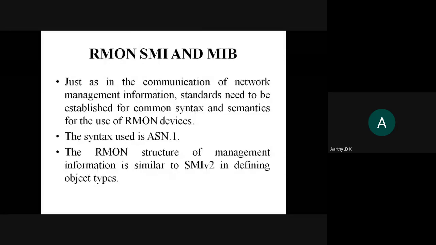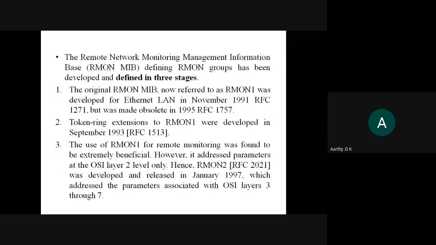Then you have three different stages in which your network monitoring was used. So first, network monitoring MIB, which we call remote monitoring 1, was developed for the Ethernet LAN in 1991. So later on, it was of no use. So it was obsolete, meaning that it is of no use and it is not being used.